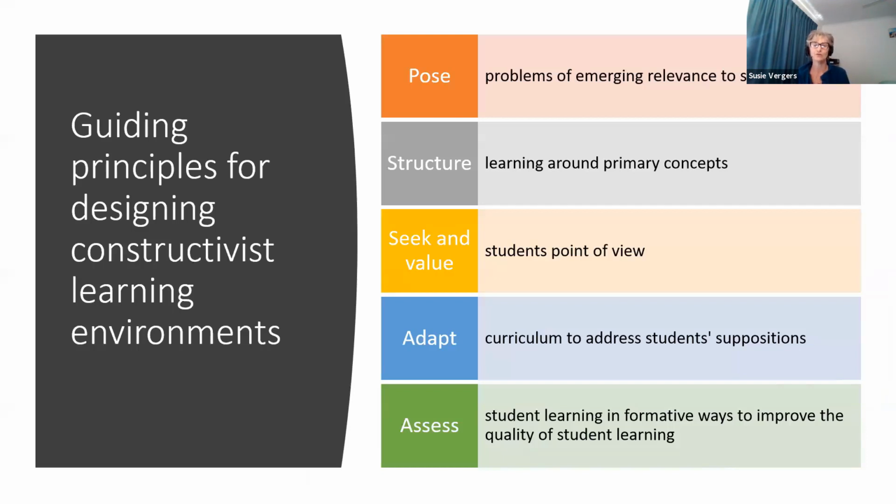But it's not just about you saying this is relevant to you, this is relevant to you, but you're demonstrating how it's relevant to them. And you want to structure your learning around the primary concepts, and those primary concepts linking back to your intended learning outcomes, back to the requirements in the unit of competency, the performance criteria, and so on.